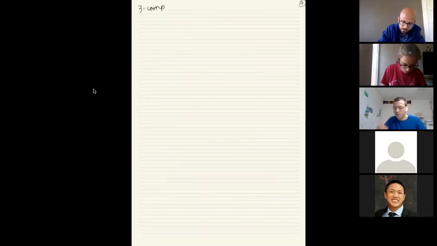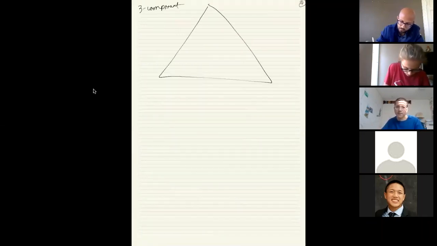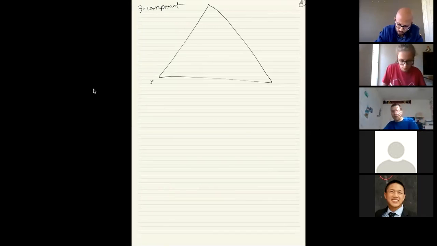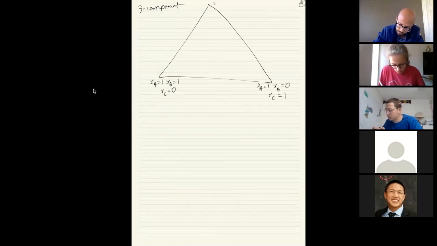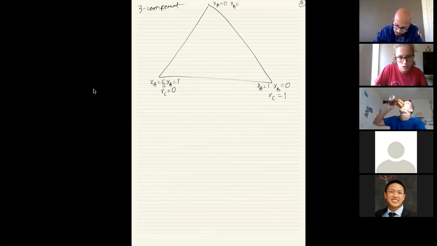Three-component phase diagrams look something like this, where this corresponds to XA is equal to 1, XB is equal to 0, XC is equal to 0, then XA is equal to 0, XB is equal to 1, XC is equal to 0, and XA is equal to 0, XB is equal to 0, XC is equal to 1, and here XA is equal to 0, XB is equal to, well, not 1, you know what I mean, half.